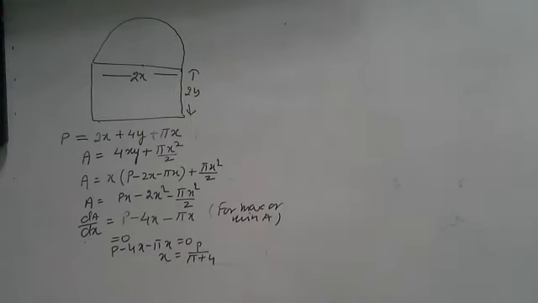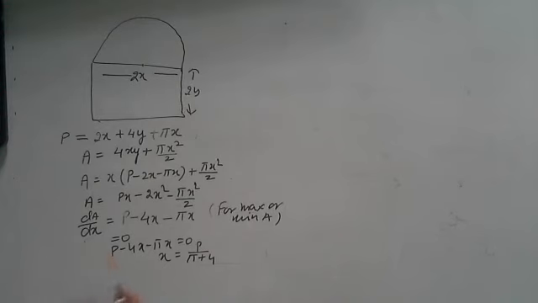We have this as a critical value. Now the dimension is clear that x is equal to p upon pi plus 4, but we have no idea whether at this particular point it gives you a maximum or a minimum value of A.